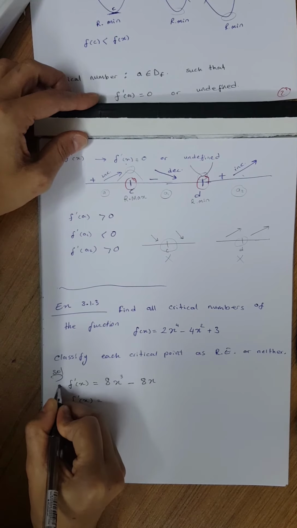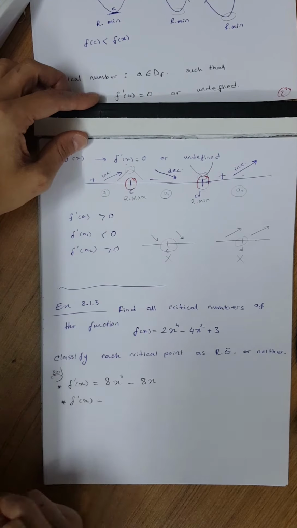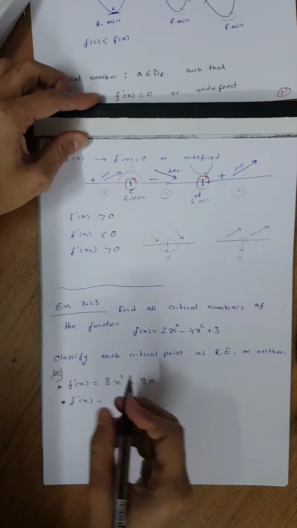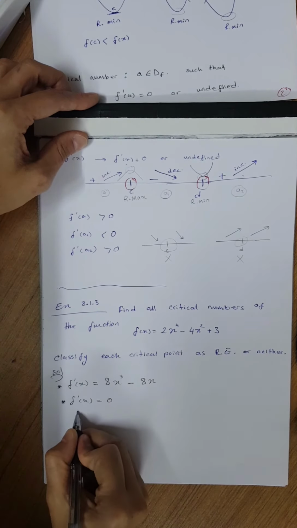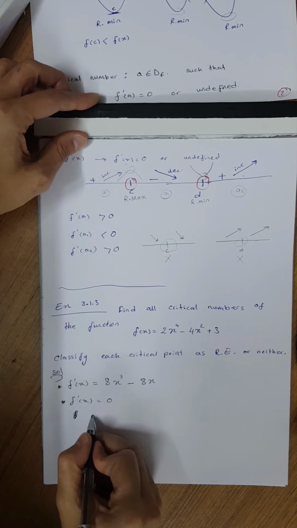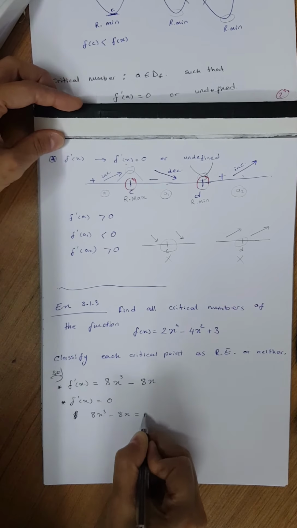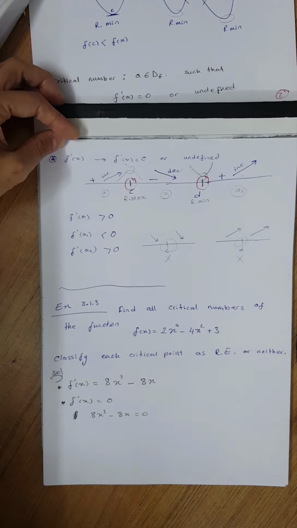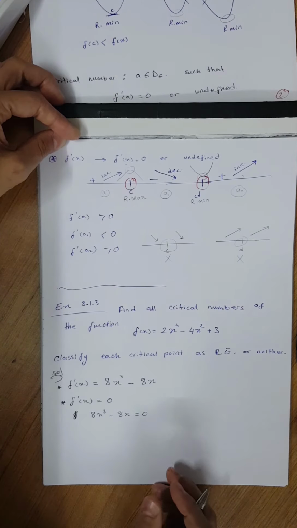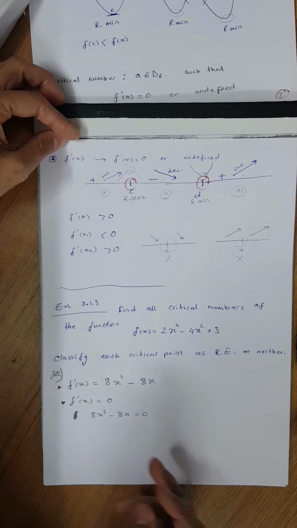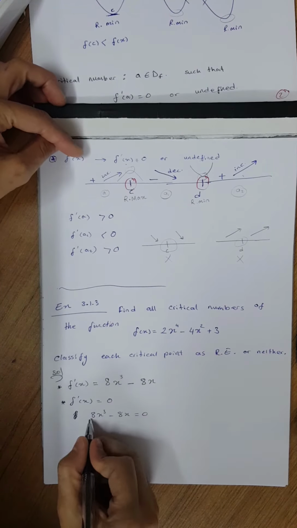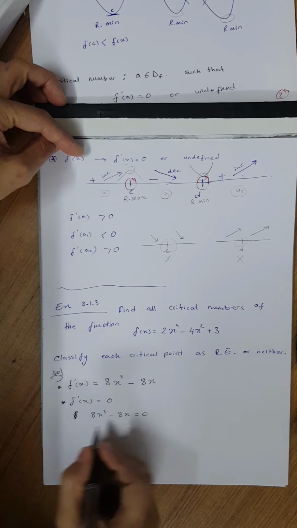Okay, we found the derivative, and then we are finding those numbers that make the first derivative equal to 0. That means 8x to the power of 3 minus 8x is equal to 0. How do you find this one? Of course, this one is an equation. We have to find the values of x. If you look at those two terms, what do you see in common?